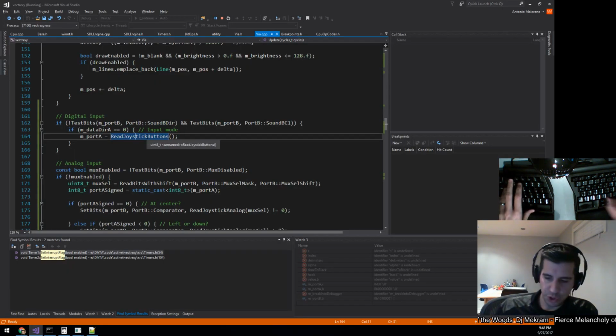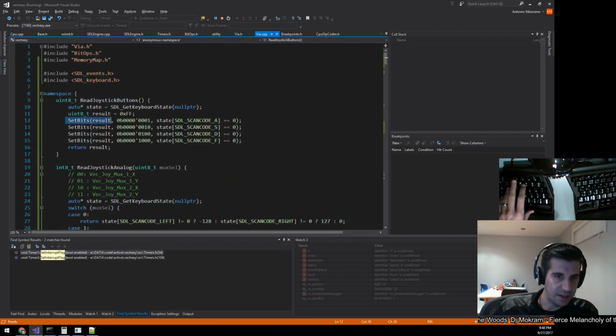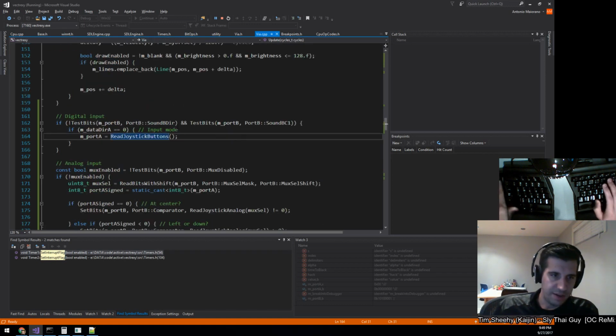Because when we read the joystick buttons, we are setting, in this case I just did, joystick 1, and I'm setting bits 0, 1, 2, and 3 to these values, ASDF. But these values end up in port A of the VIA chip. So ostensibly we're connected to port A of the PSG chip, meaning the pins just basically route to that.